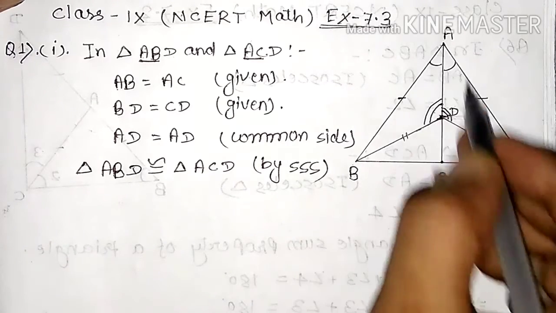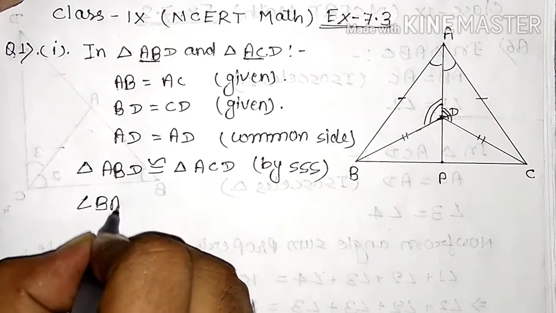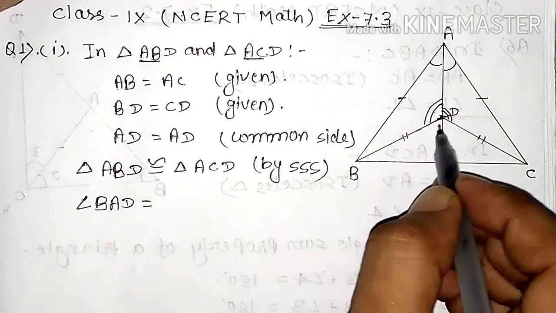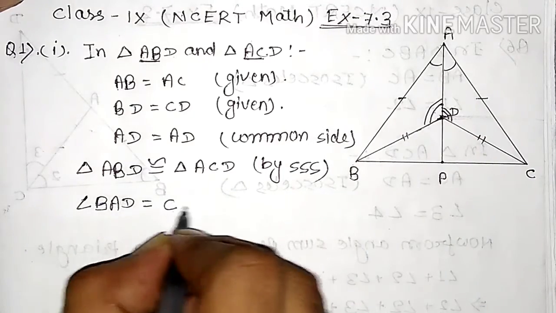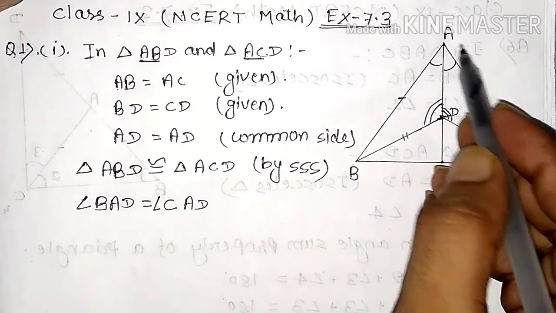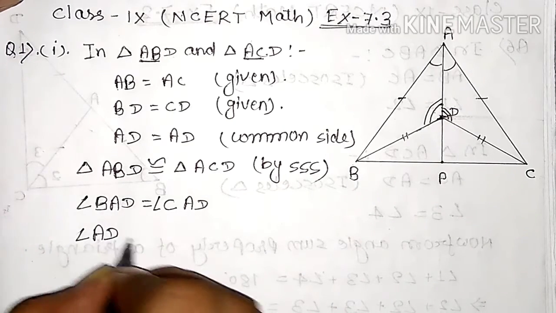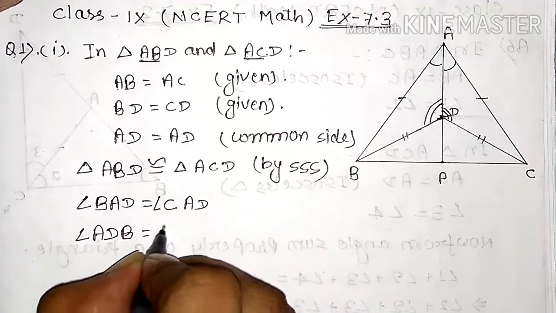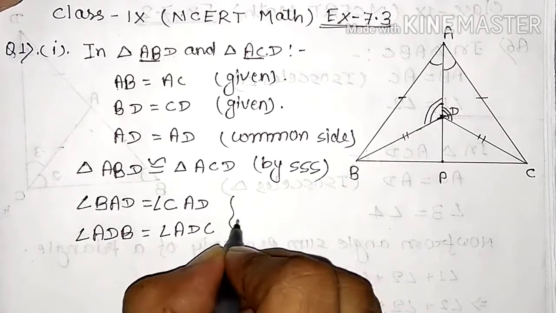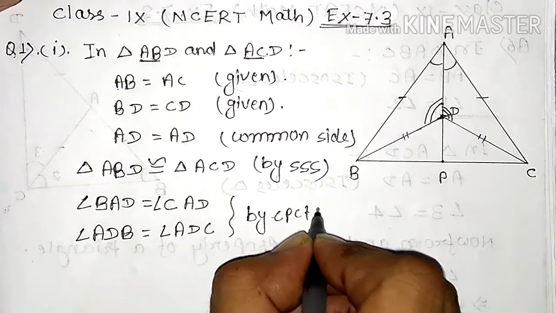Angle BAD is equal to angle CAD, and angle ADB is equal to angle ADC by CPCT.